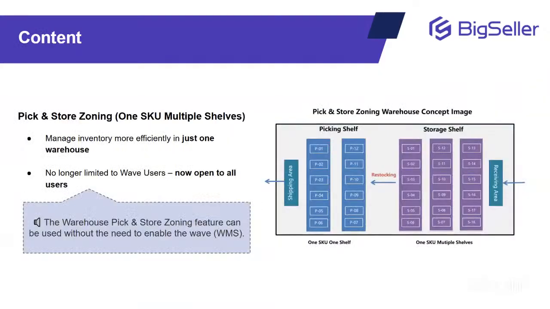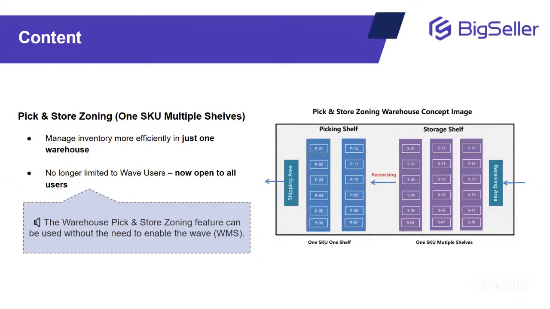Before we begin, I would like to highlight that pick and store zoning is a really convenient feature. Some users may say, I can also solve this problem by creating multiple warehouses in BigSeller. Yes, this is possible, but it's not always efficient. And many users are worried about causing mistakes after enabling pick and store zoning.